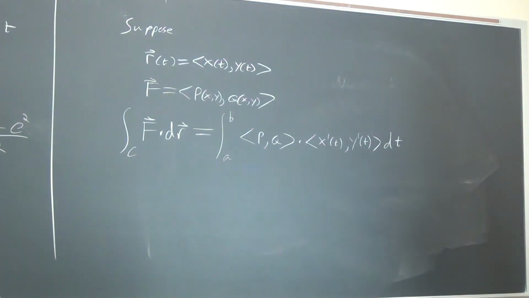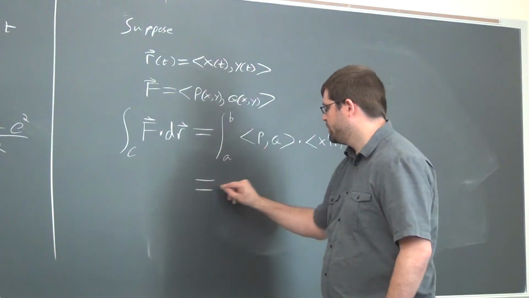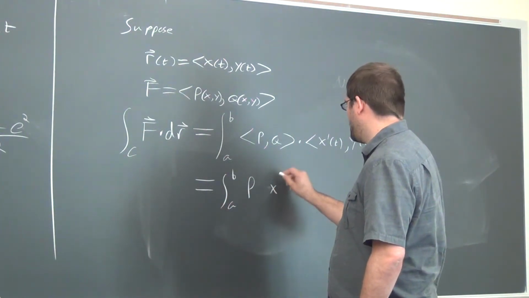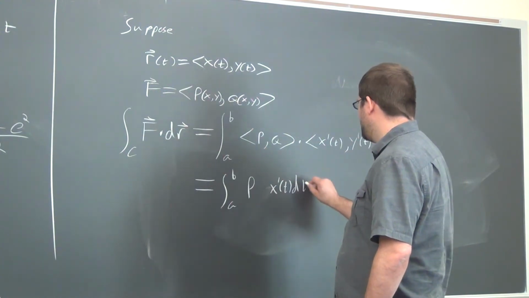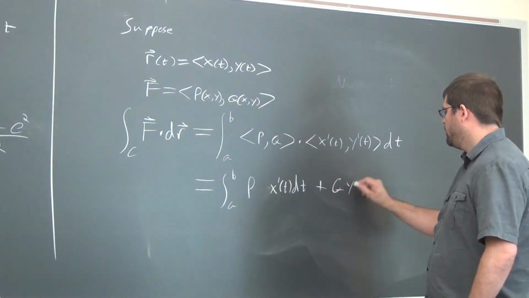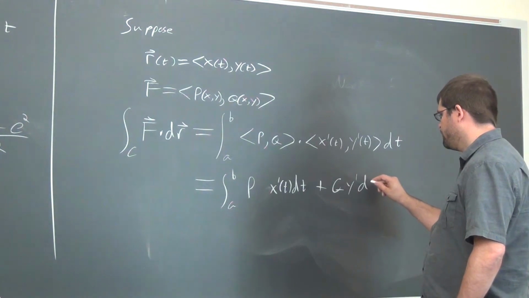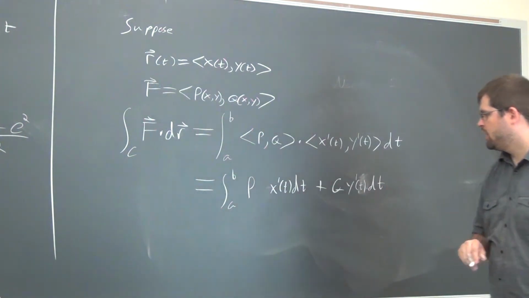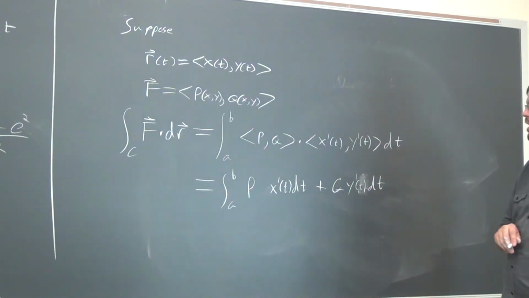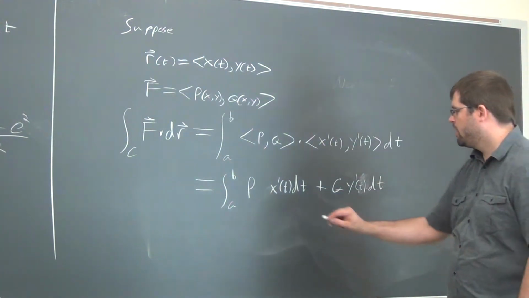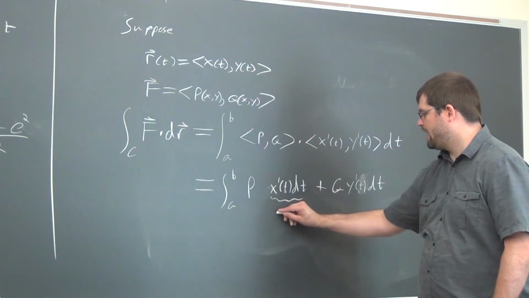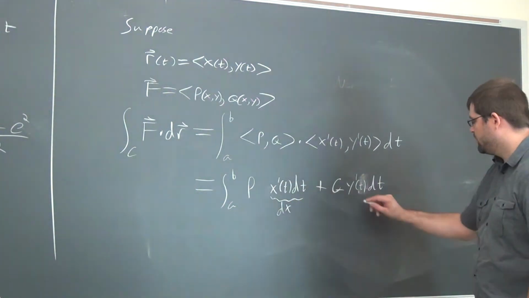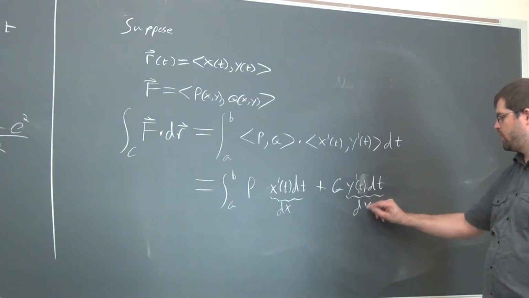That becomes the integral from a to b of p x prime dt plus q y prime dt. Again, p of x y, q of x y, but the x prime dt is the differential we usually denote as dx, and this is the differential we often denote as dy.